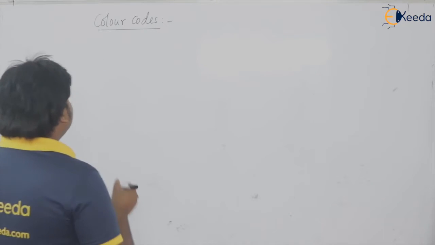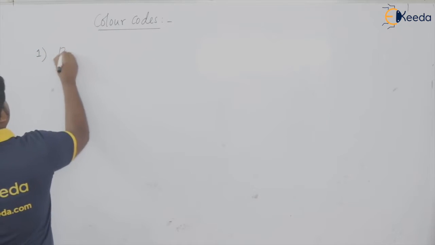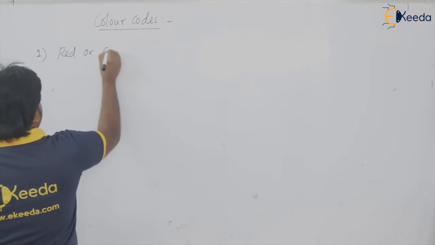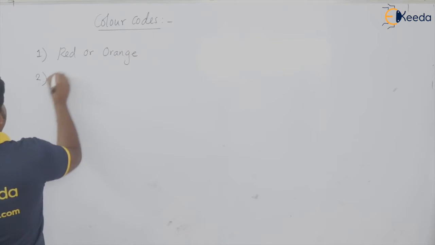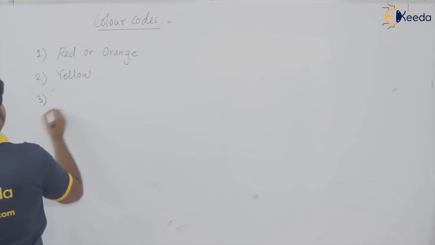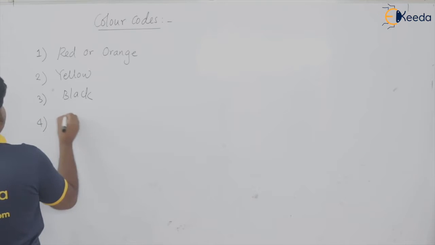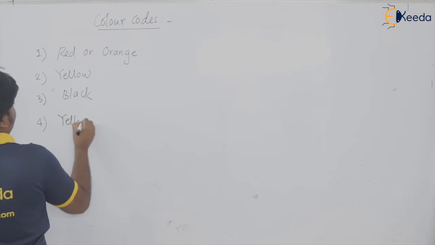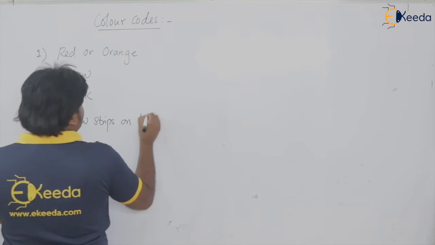Okay, so I will write here. Number 1, the red or orange. Second, yellow. Third one, black. Fourth one, yellow strips on black.